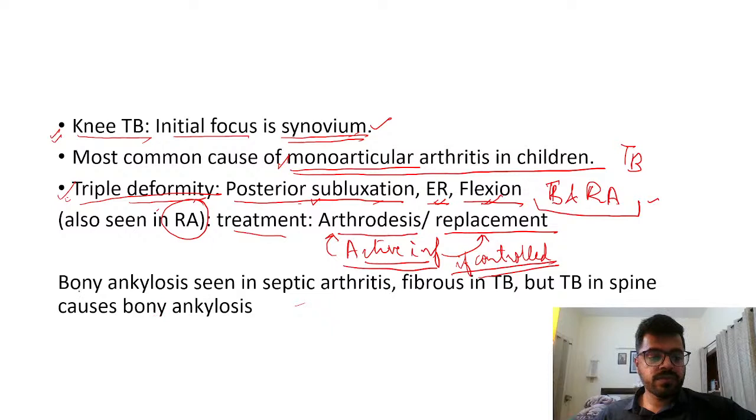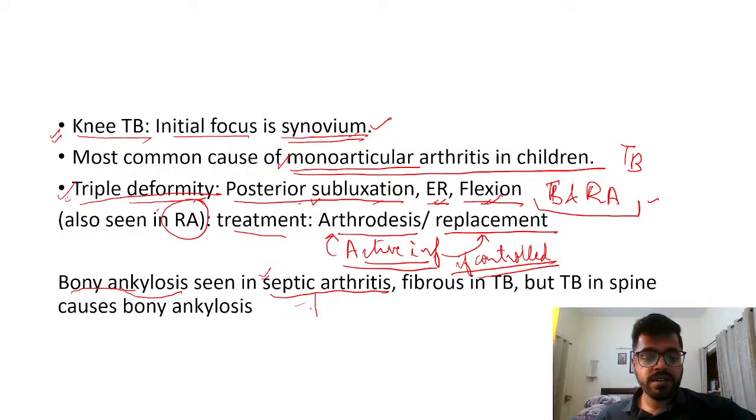So bony ankylosis, that is bony fusion at the joint, is seen in septic arthritis. Why?